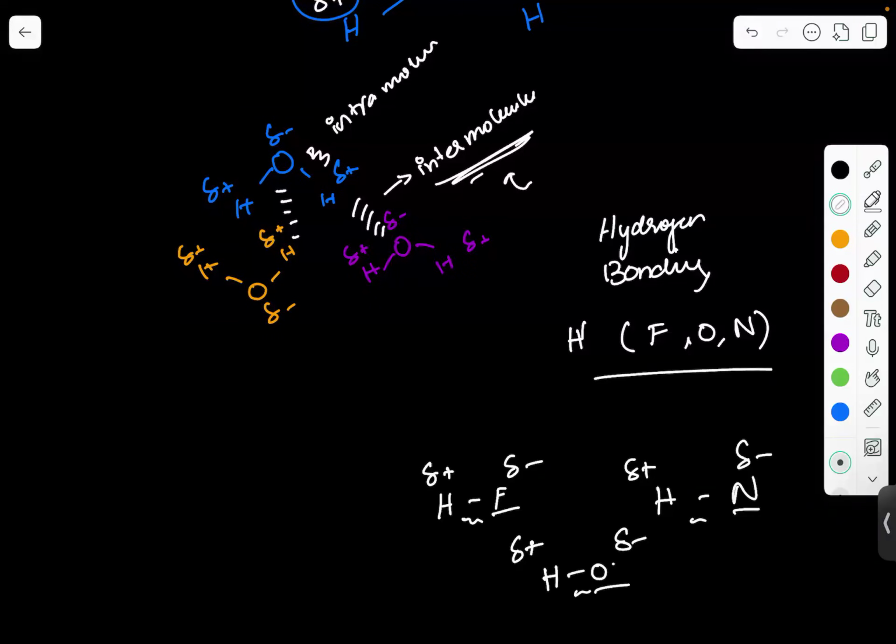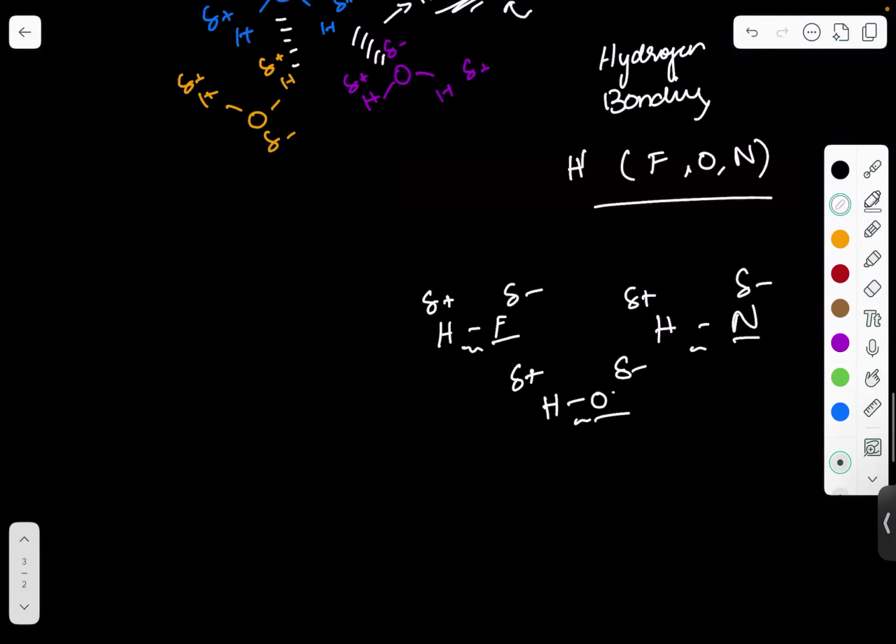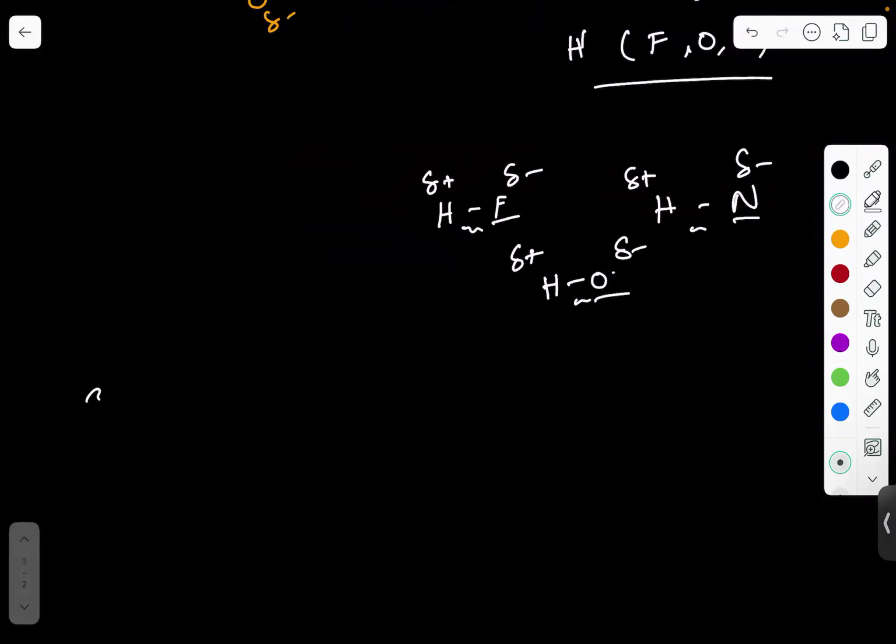And it's amazing, because this intramolecular covalent bond and this intermolecular attraction of partial positive and partial negative, like polar charges, is what gives water its amazing property of being a solvent.